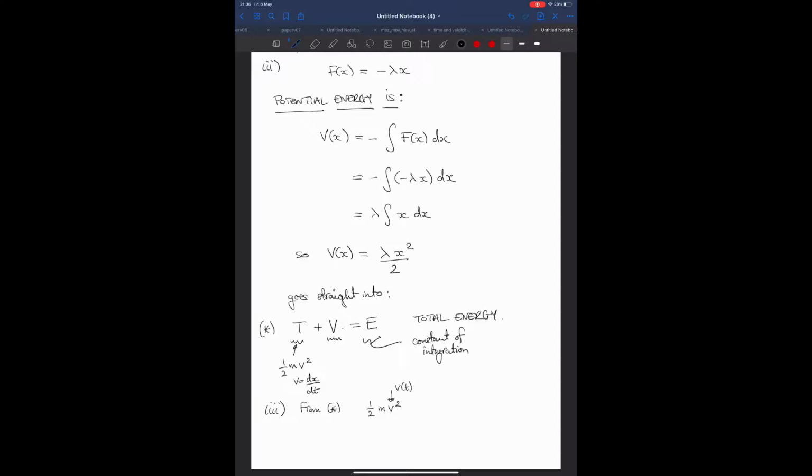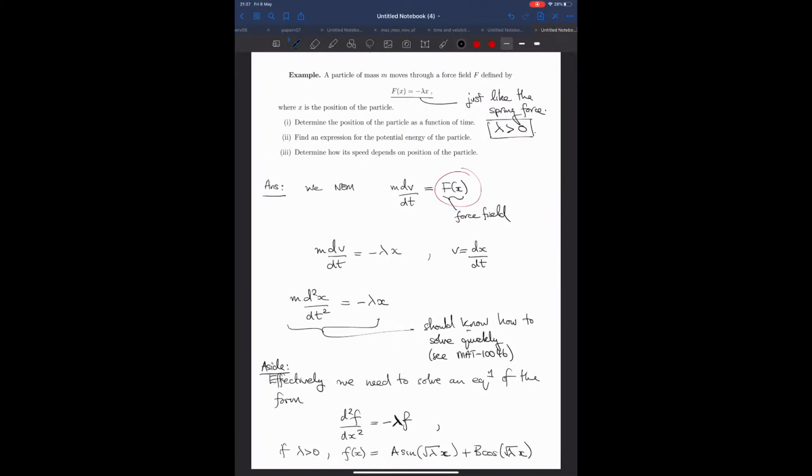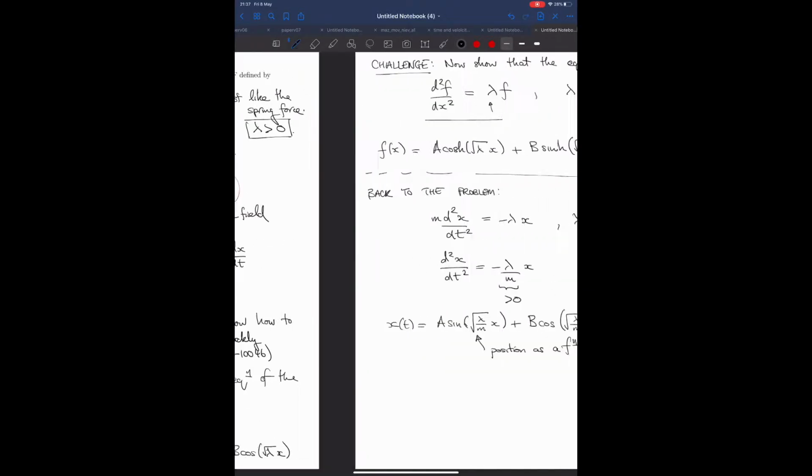And now we know what our potential energy is. So this is V, capital V of x. And this should equal E. Okay. Now, let's just check if we have any conditions. No. Okay.